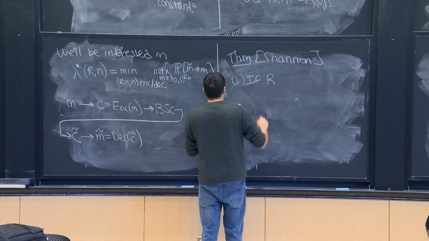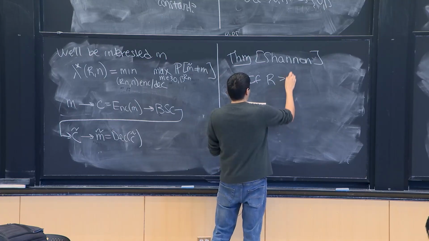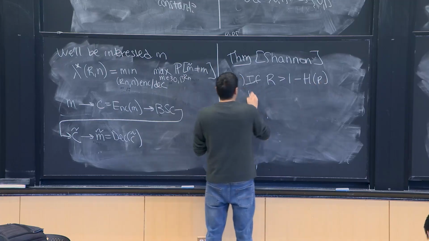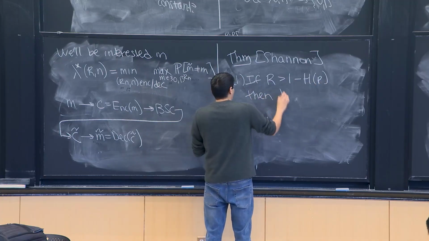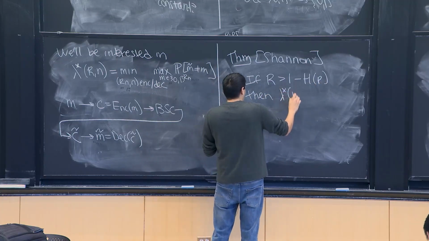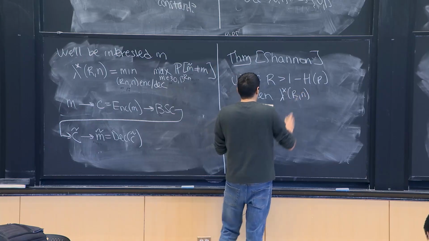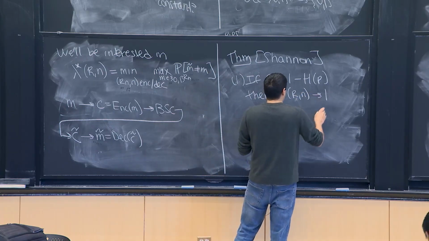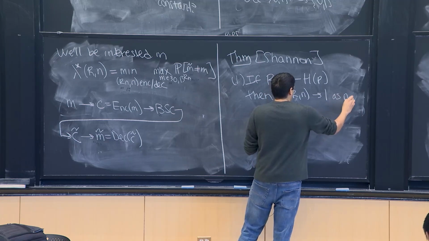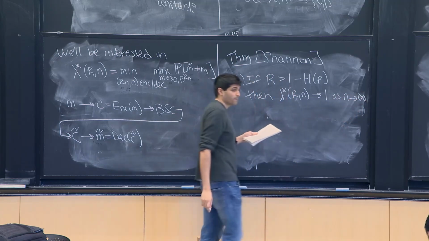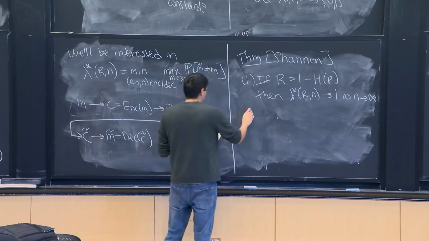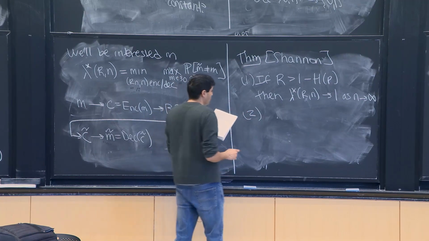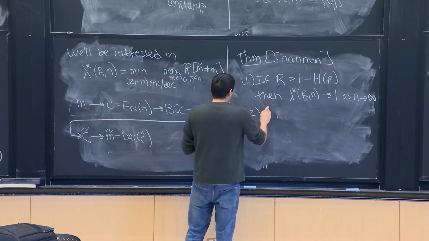So what I claim is that if the rate that you're trying to hit is larger than 1 minus entropy of p, then lambda star Rn, the best you can do for encoding and decoding functions, that error rate goes to 1 as n goes to infinity. That's the first part of the theorem. Let me state the other part. We'll talk about what this tells us and how to connect it back to our intuition.